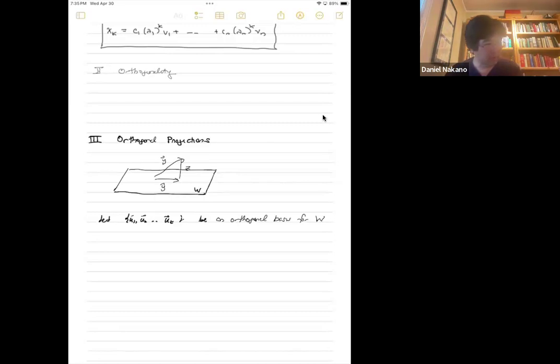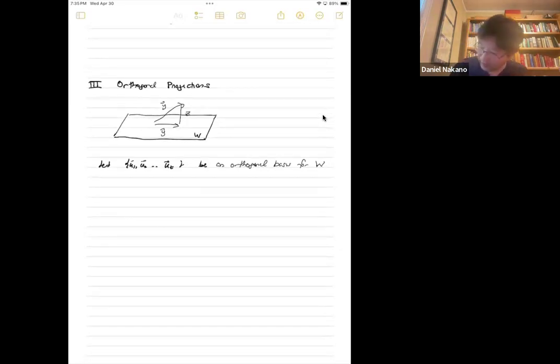Okay. So for every y in Rn, y is equal to y hat plus z, where y hat is in W and z is perpendicular to W. Okay, so this was the orthogonal decomposition theorem.